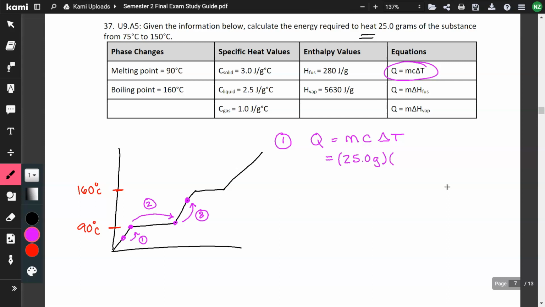The specific heat value as a solid is 3.0 joules over grams degrees Celsius. And we're going from 75 degrees here to 90. Okay, so if you multiply those numbers, you get 1125 joules.